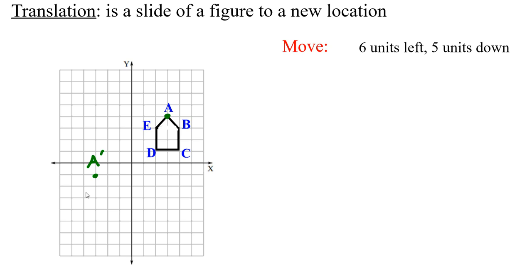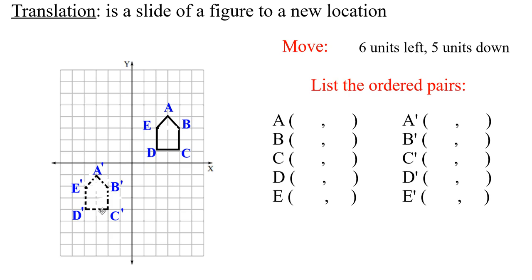From there, you would have B prime located here, C prime located there, here is E prime, and here is D prime. Then connect those together, and we get this little house.